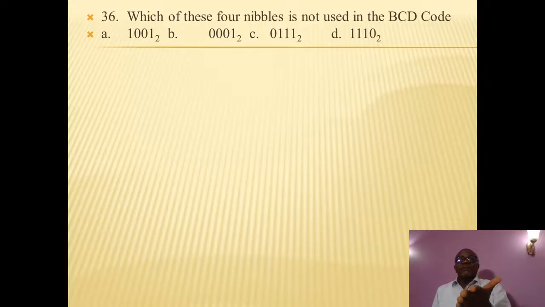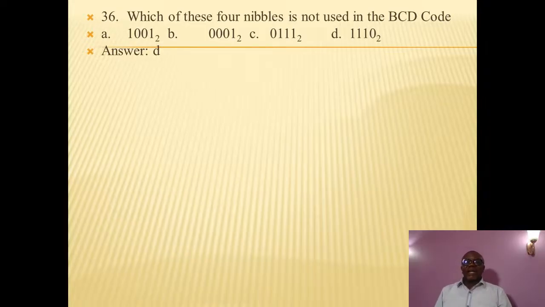C is 0111, which is 7, while D is 1110, which is E. So the answer becomes D, because just what we have said, 10 to 15 in decimal, A to F in hexadecimal, and their equivalent in binary are not used in BCD codes.